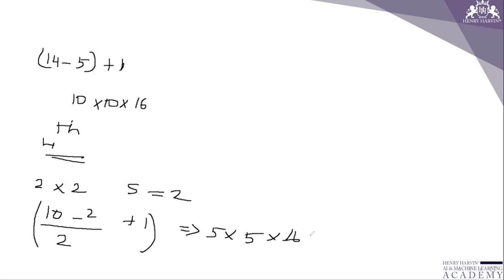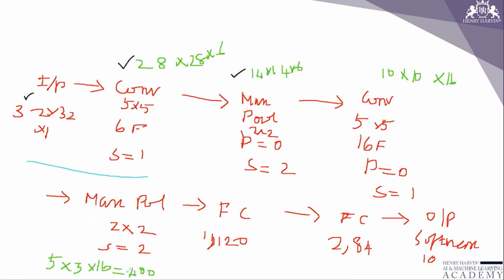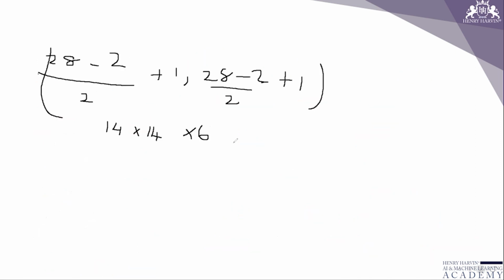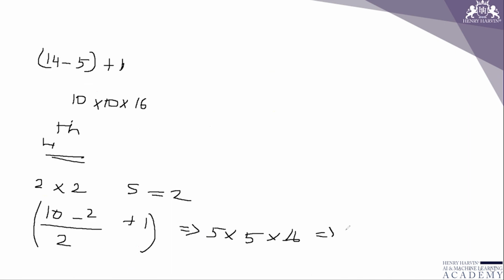Right. So look at the previous one now. 5 into 5 into 16. So what will be the answer now? 400, right? When you multiply these things, you'll be getting 400. What is this 400? 400 pixels.